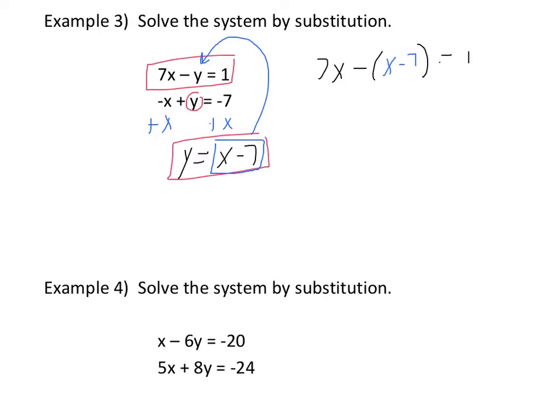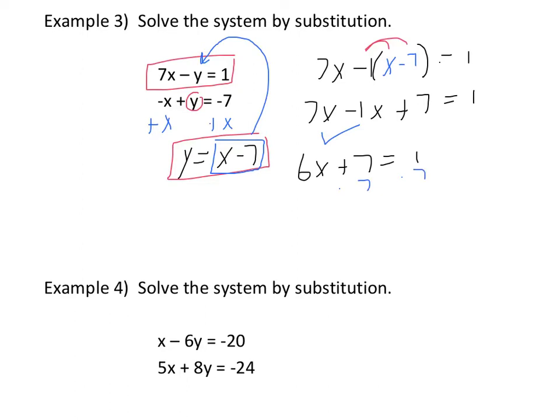Again, this is a negative 1, so we are going to need to distribute that negative 1, and we get 7x minus 1x. If you don't want to write the 1, you don't have to, plus 7 equals 1. Combine like terms, and we have 6x plus 7 equals 1.